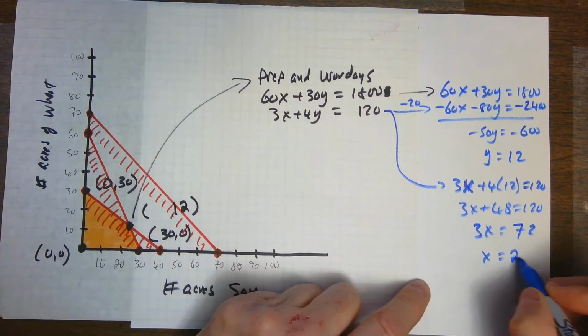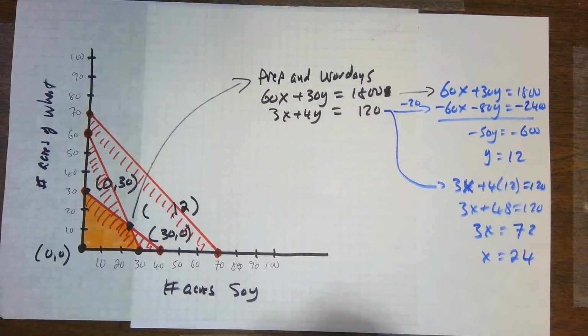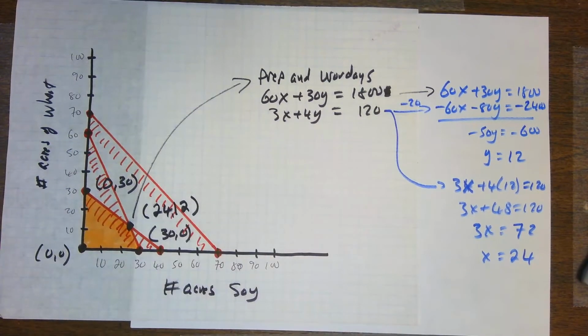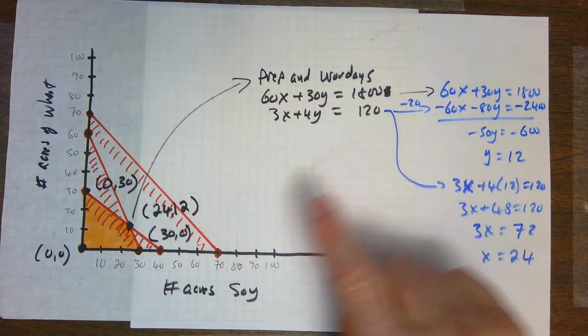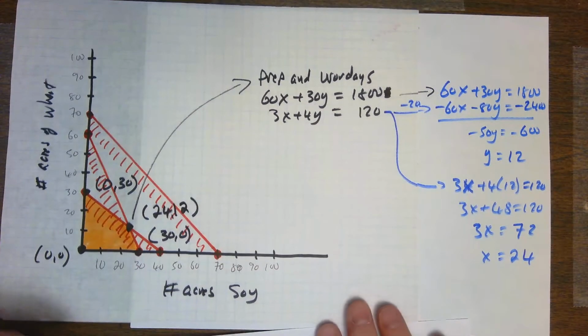X is 24. All right, so I found all the vertices. I told you, finding the vertices in the word problems is usually a little bit harder, a little bit more going on. Now that we found the vertices, we want to evaluate in the objective function.